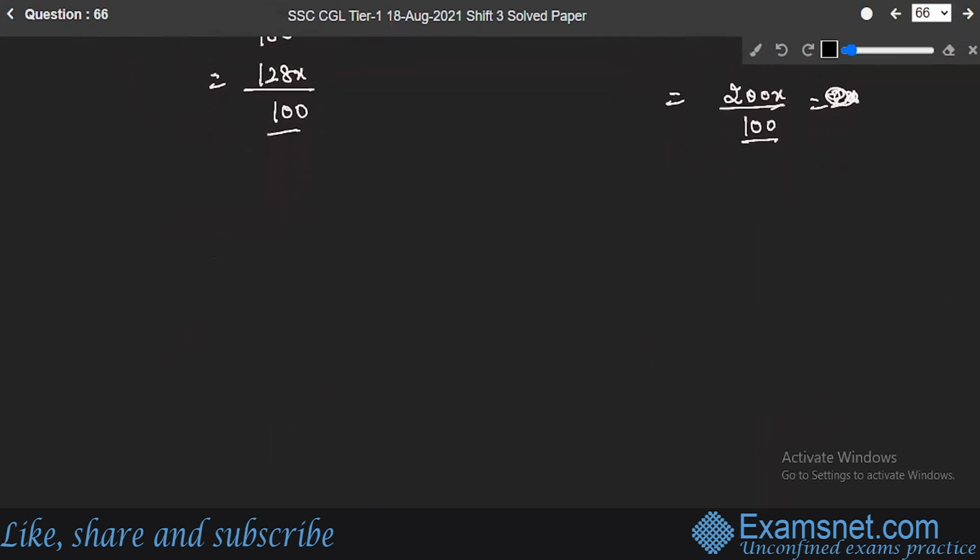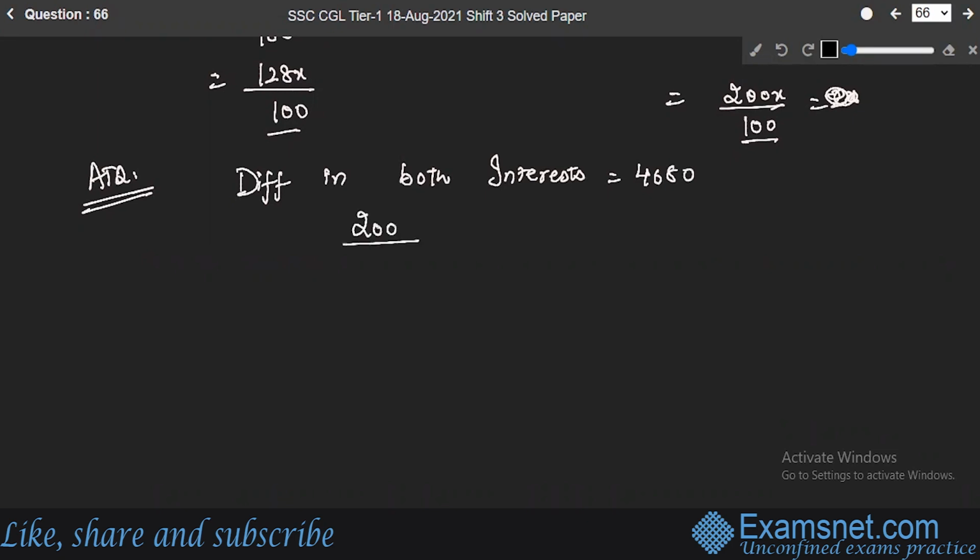Now, according to question, difference in both interests is equal to 4680, that is 200x upon 100 minus 128x upon 100 is equal to 4680.